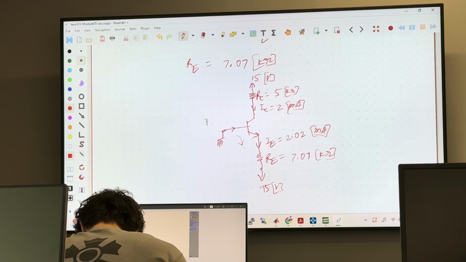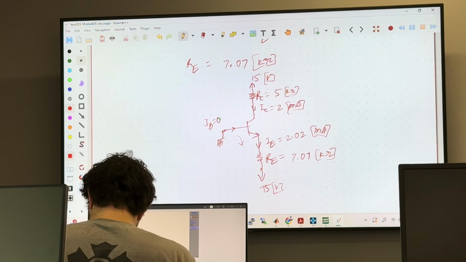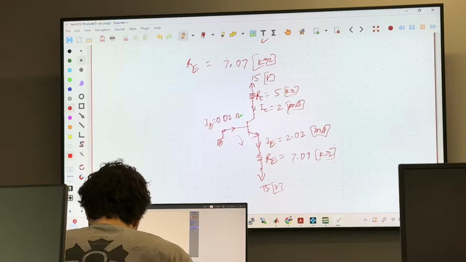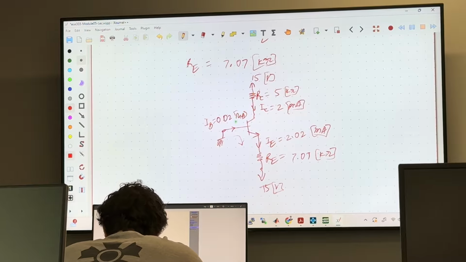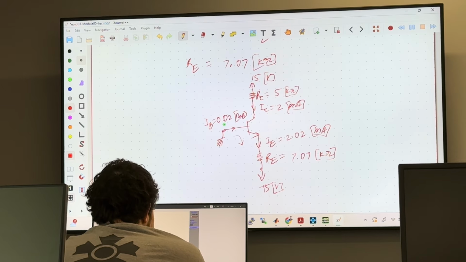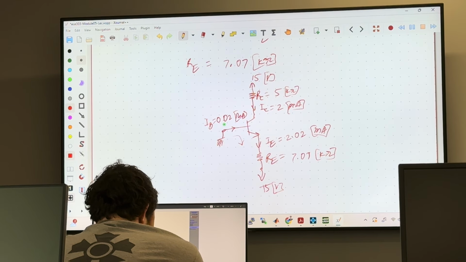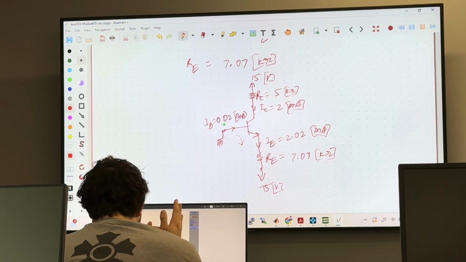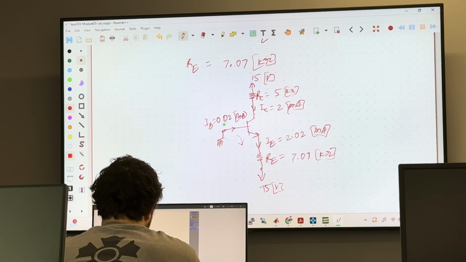So the base current is going to be 0.02 milliampere. What does that mean in terms of microampere? It's 20 microampere.